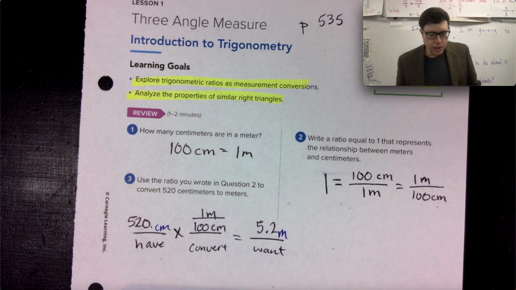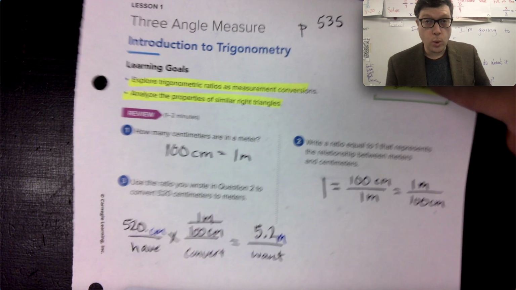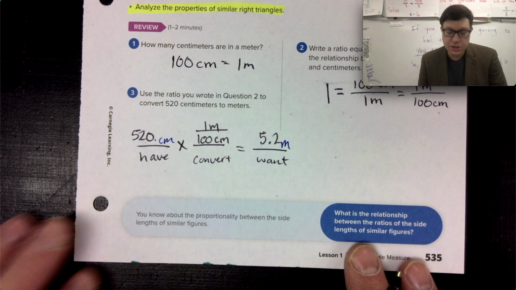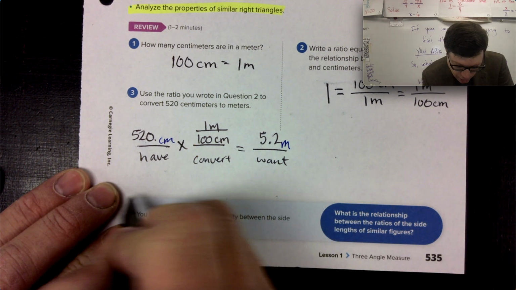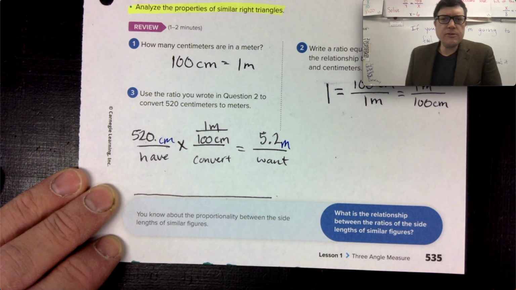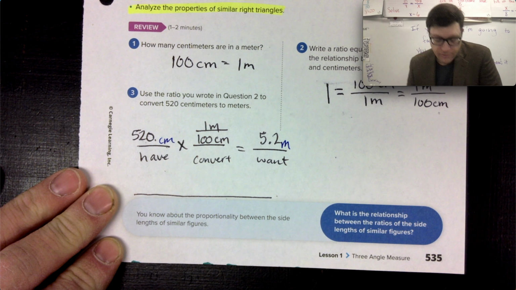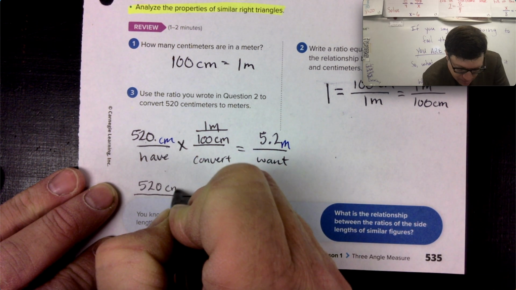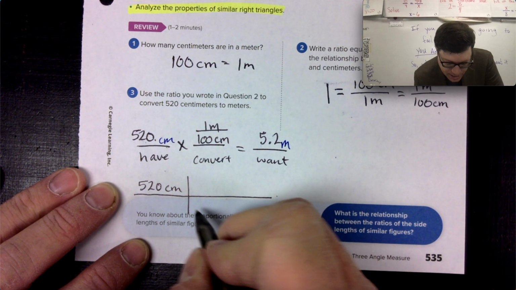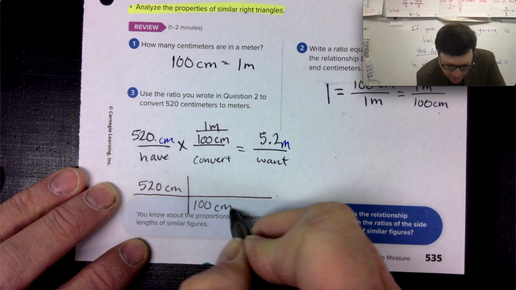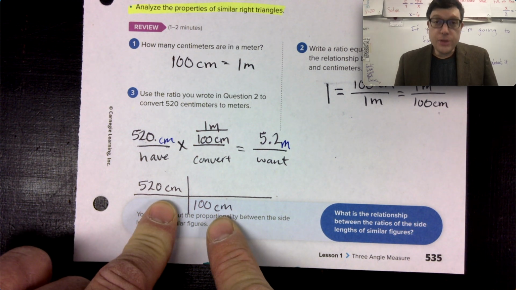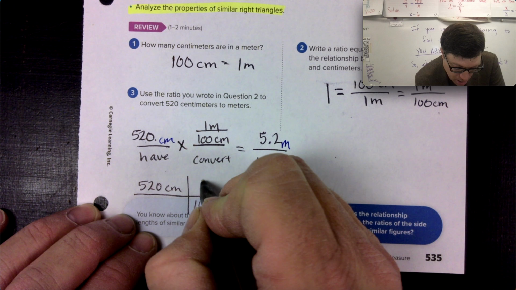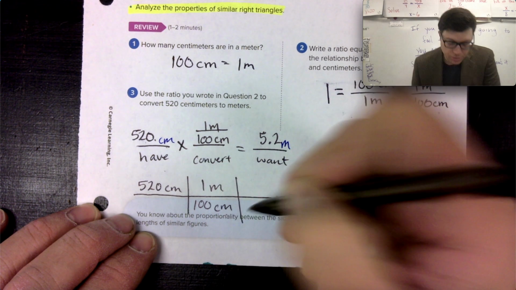Okay. You know, in fact, when you take chemistry, or at some point along the way in your physical science classes, your teacher might teach you this method. You're going to draw a line, because all of these unit conversions are based upon fractions. And if what we have is 520 centimeters, then I'm going to put 100 centimeters on the bottom. And then I'm going to put what is equivalent to 100 centimeters on top, and then that'll close that fraction.